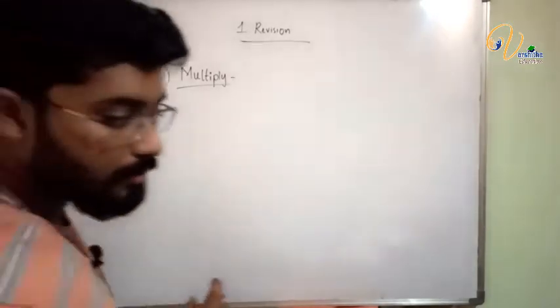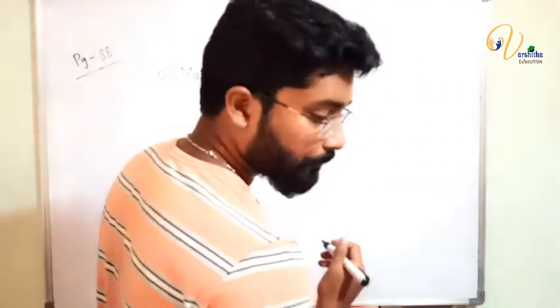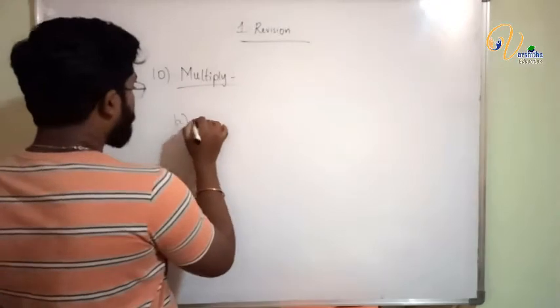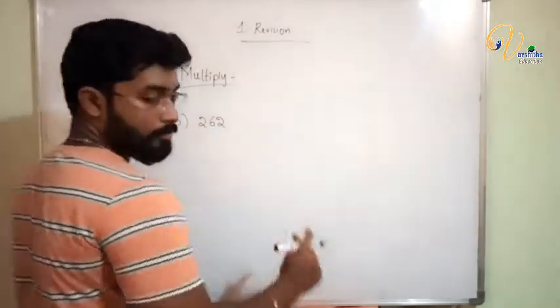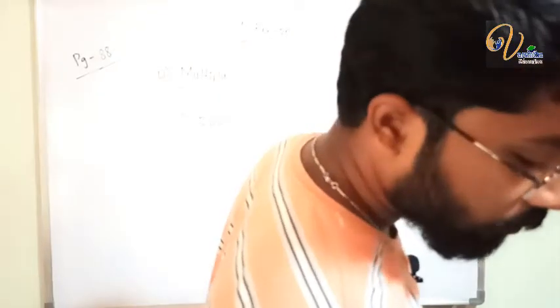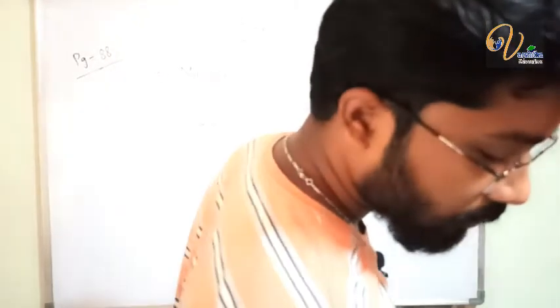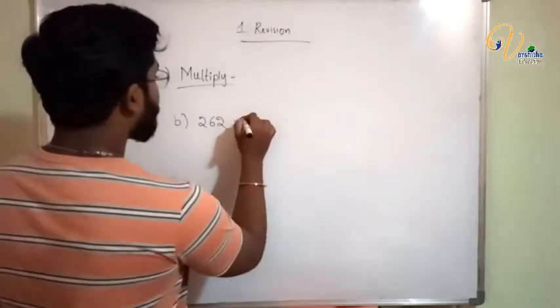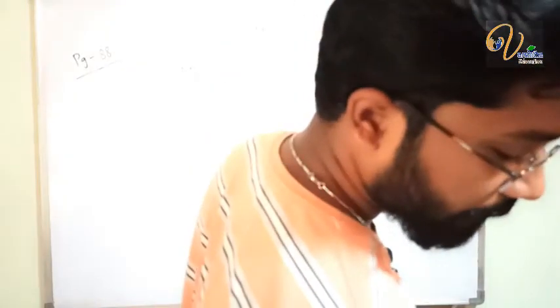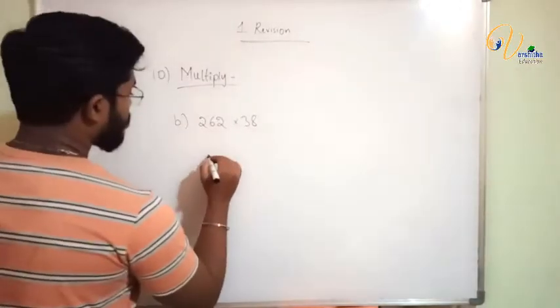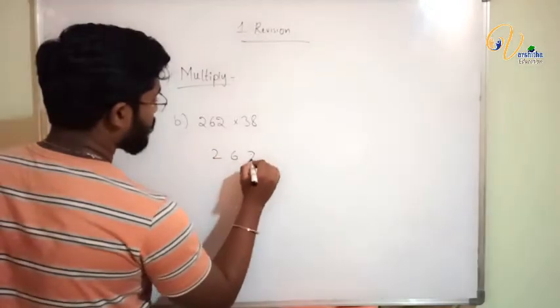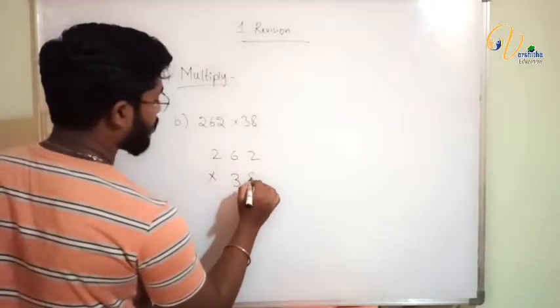Next question is B. 262 into how much? Into 38. Okay, 262 into 38. So you have to do the multiplication into 38.